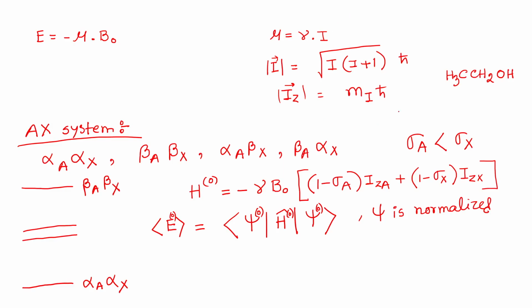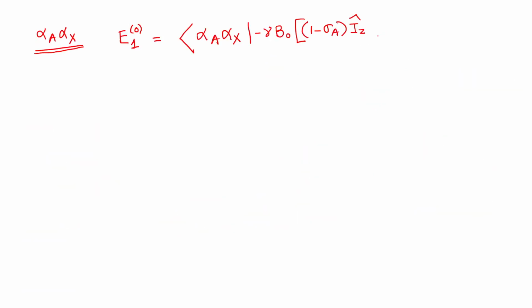I should write operator everywhere, as these are actually operators. So I_Z A plus (1 minus sigma X) I_Z X.